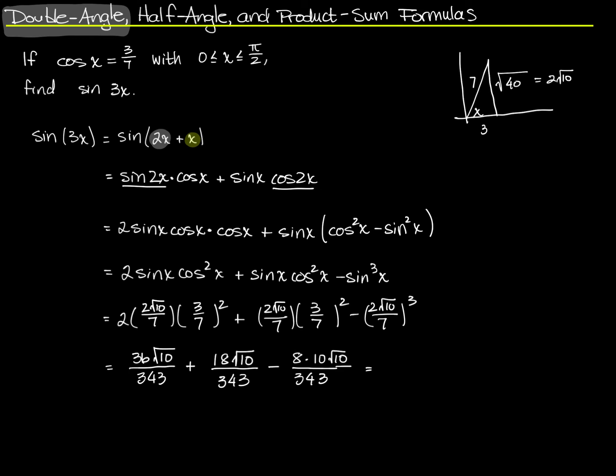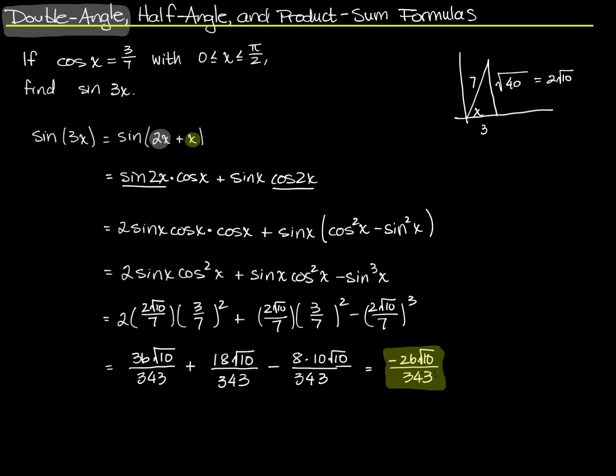So altogether, I have 36 plus 18 minus 80 root 10s. That's negative 26 root 10s. And that's all over the common denominator of 343. Now, 26 over 343 does not reduce, so this is the answer in its simplest exact form. There you go.